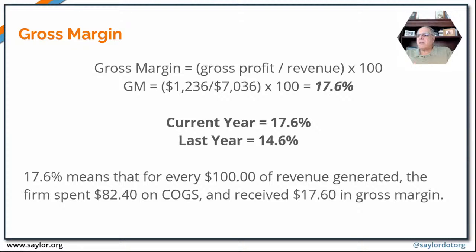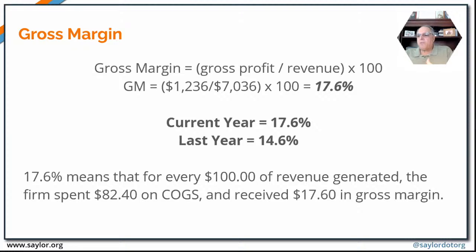But what is that as a percent? So I can start comparing it to future performance, past performance, and even outside our industry. Our gross margin, which is the gross profit divided by revenue, and we're going to multiply that by 100 so that we can generate a percent. All right. And that's 17.6%.